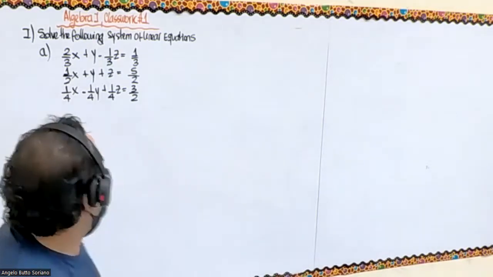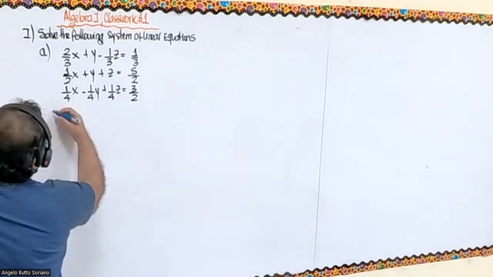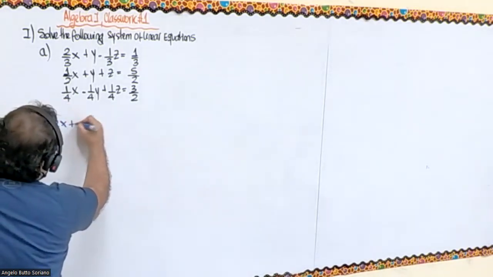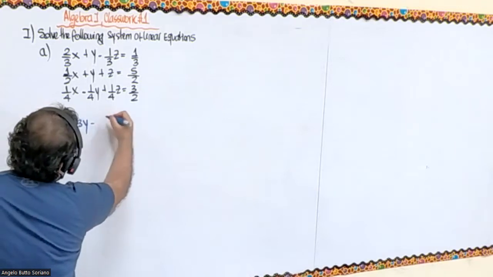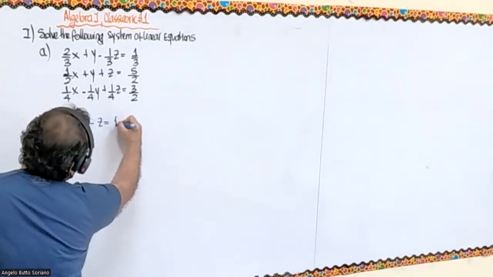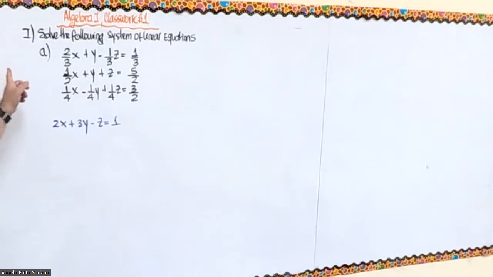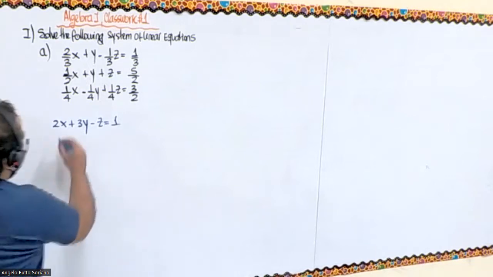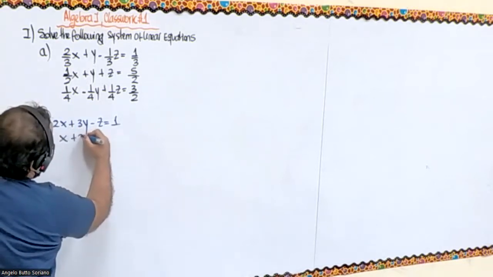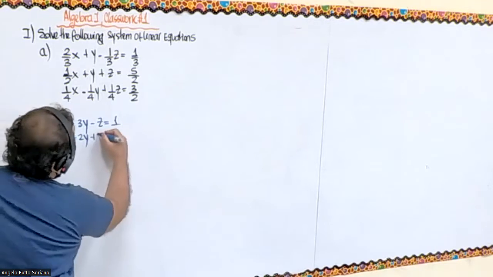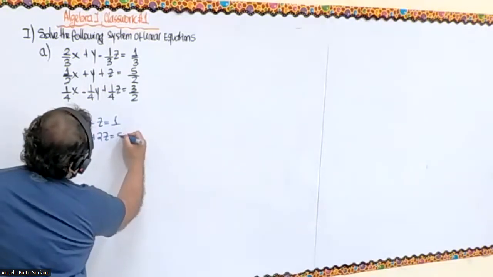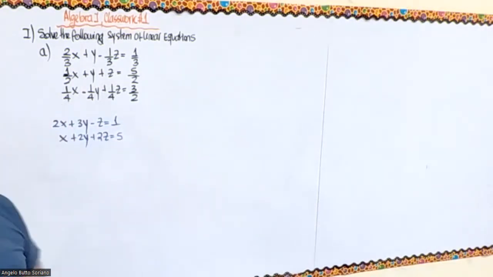That will be 2x plus 3y minus z equals 1. And the second one, we can multiply the equation by 2, and we get x plus 2y plus 2z equals 5.